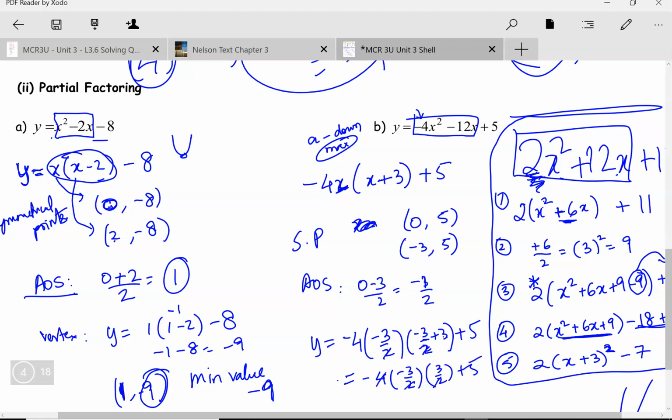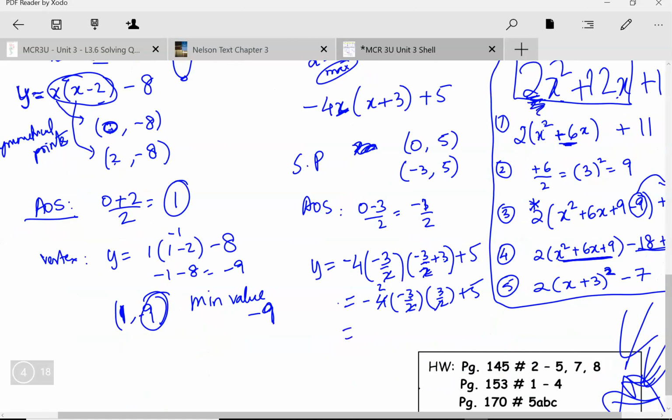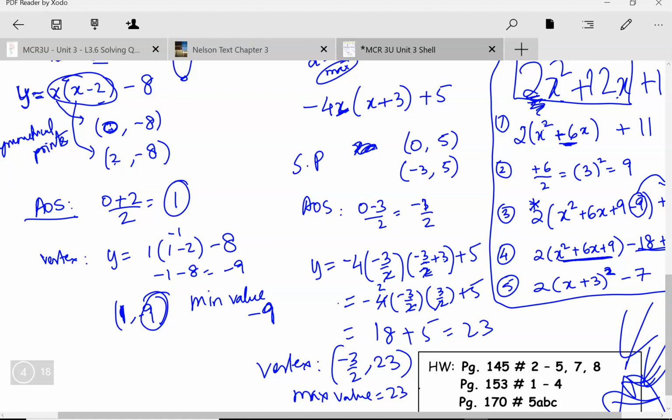Now I can cancel. So I'm just left with what appears to be positive 18 plus 5, for 23. So I have my vertex. I don't really have to state my vertex, but just in case. So my maximum value is equal to 23.